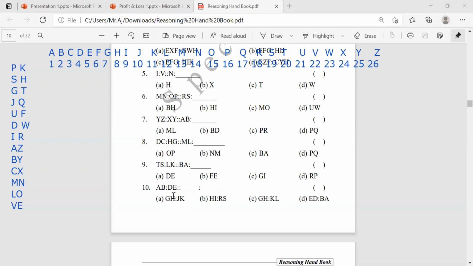TS, LK, TS. So 2019 they have given, and 12, 11 they have given, and B, 2, 1 they have given. And which one is next?